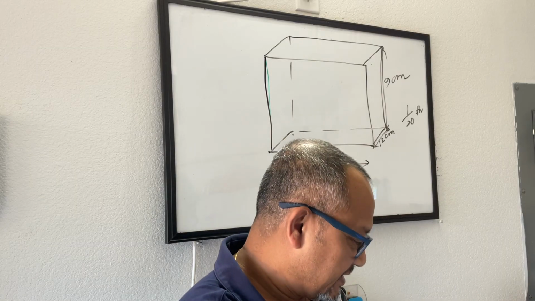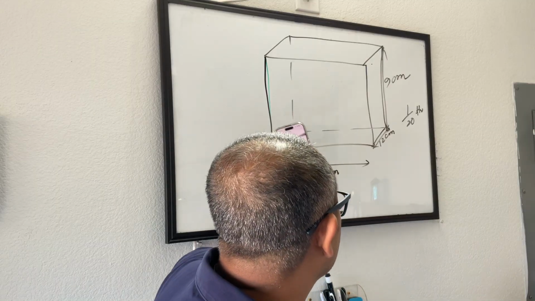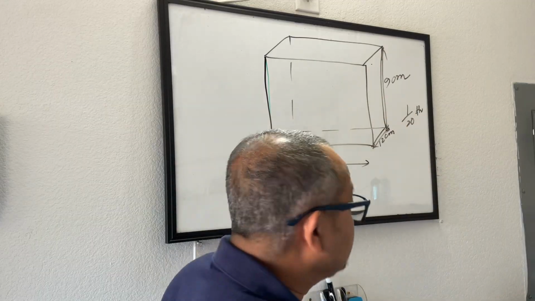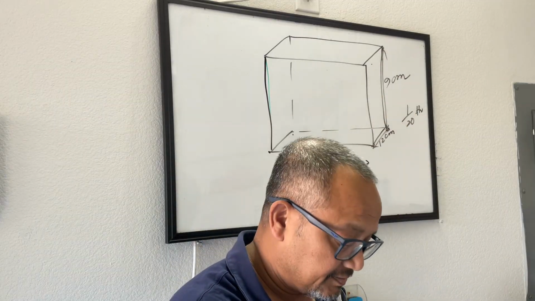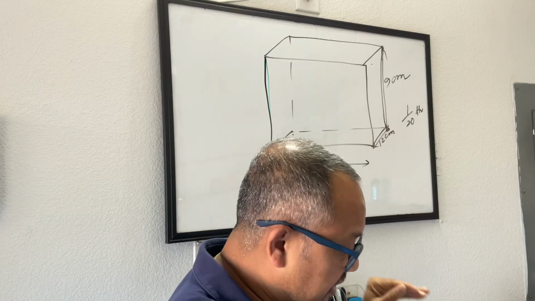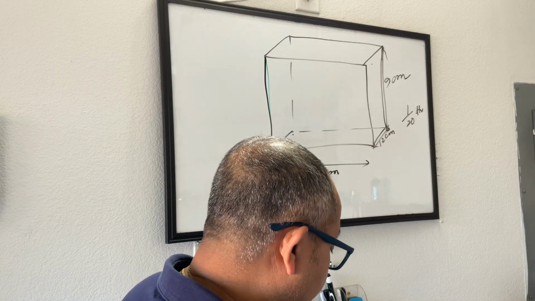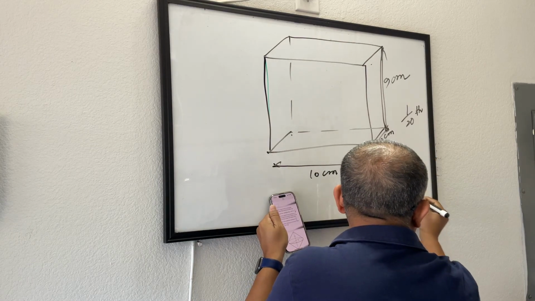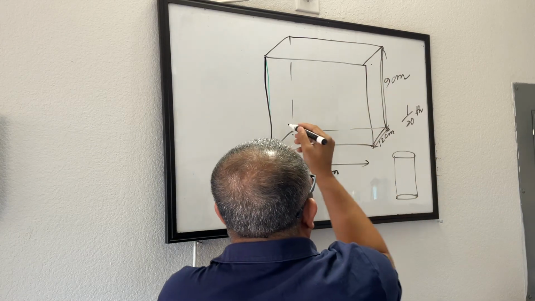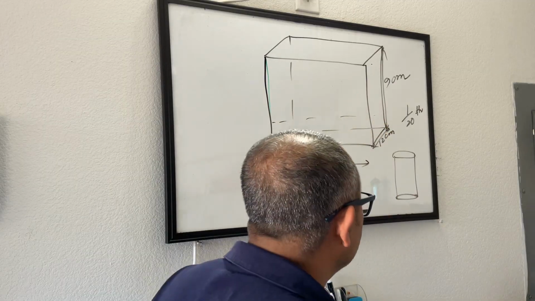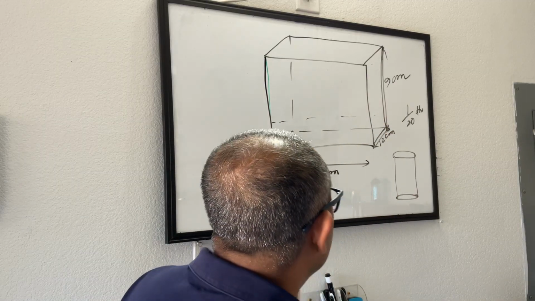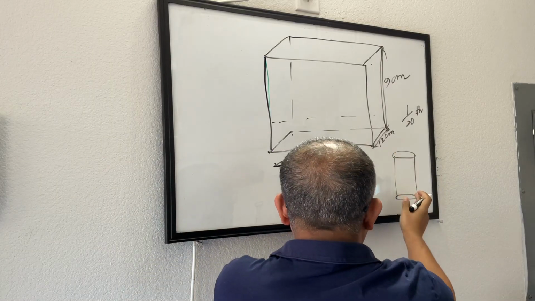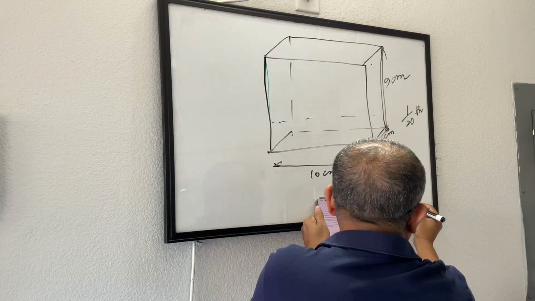So the first problem is water is poured into a rectangular container 10 centimeter long, 12 centimeter wide and 9 centimeter high until it is 1/20th full. All the water is then poured into an empty cylindrical container. You fill till 1/20th is full and then this water is poured into an empty cylindrical container with a circular base of radius 3 centimeter.